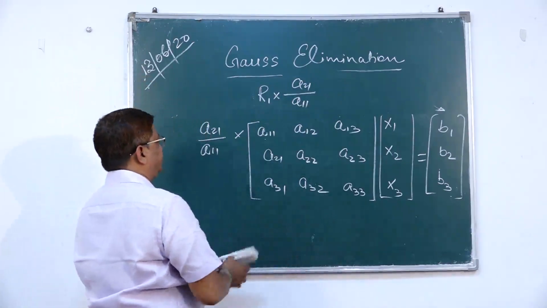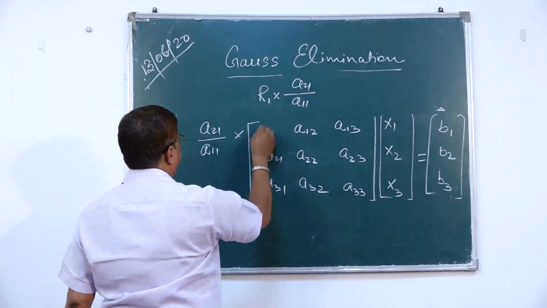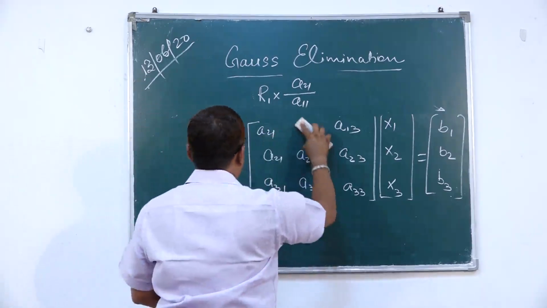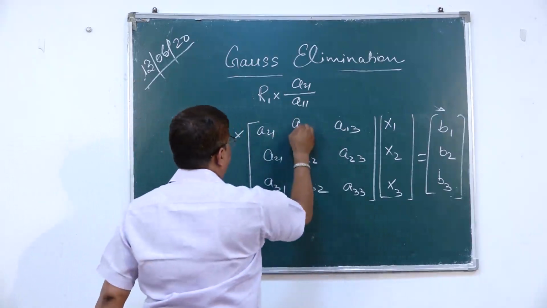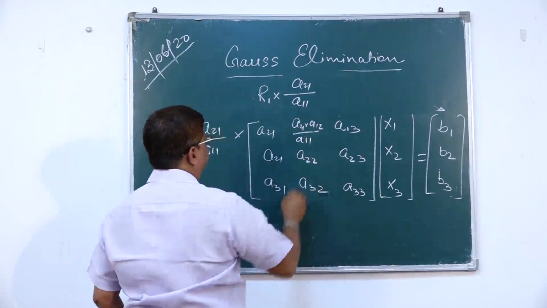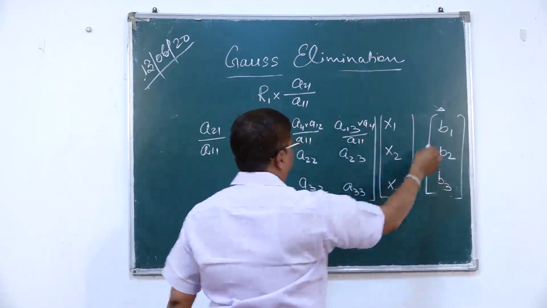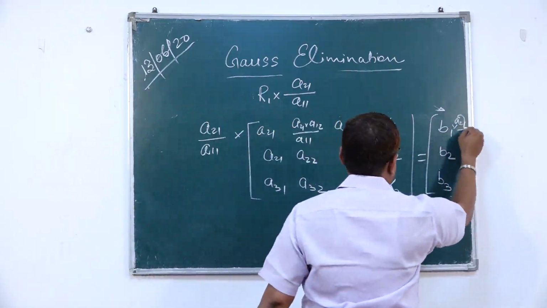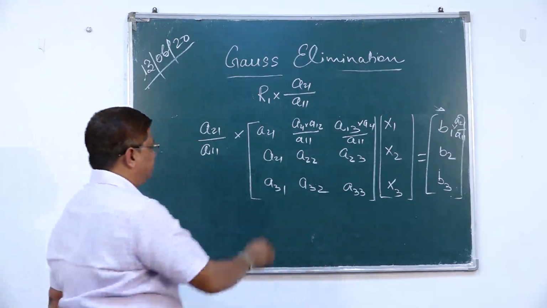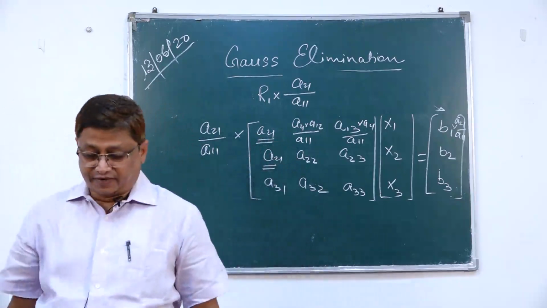Then we have, after multiplying, A21 into A12 by A11, and A21 by A11. These two values are the same, in R1 and R2.